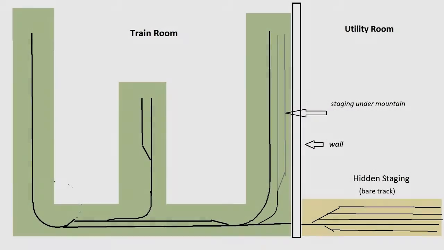Well, another way we can represent the outside world, if we don't have room to physically put a realistic yard in, is to put in a hidden staging yard. This would be a series of long tracks hidden behind the mountain, and we could have a lot of rolling stock that could be presented to the railroad anytime we need, representing the outside world coming through.